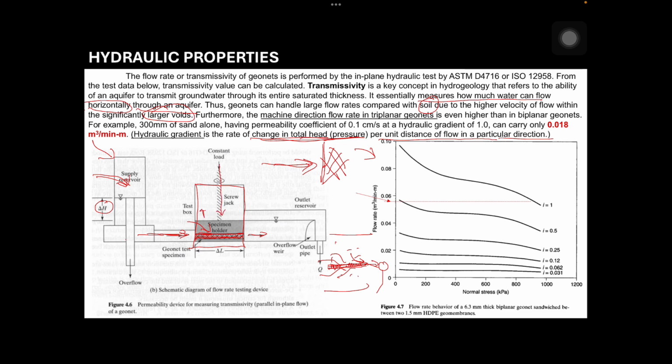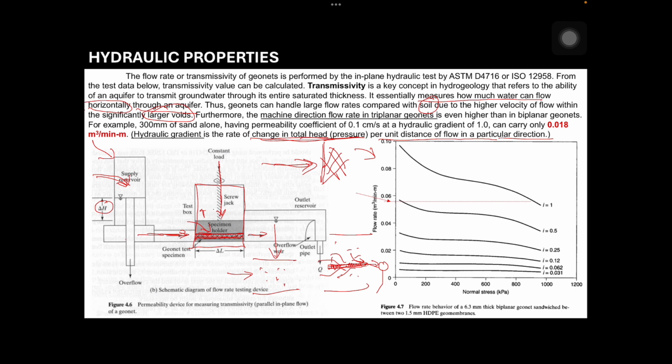And then it is loaded. Because when soil is compressed, say you just have a set of soil, once it is compressed, it is more difficult for water to flow through, right?